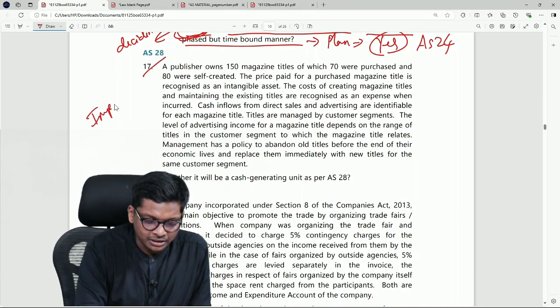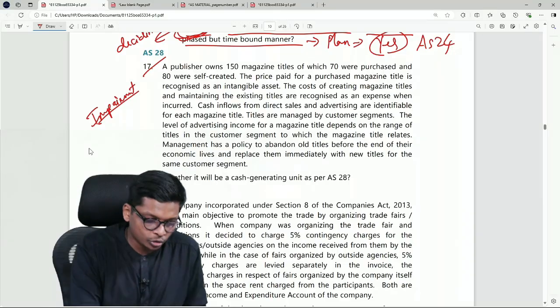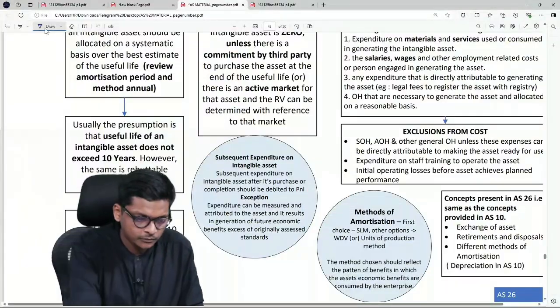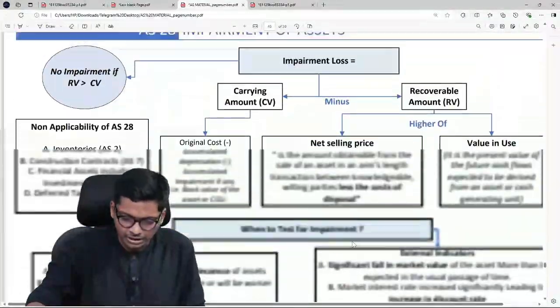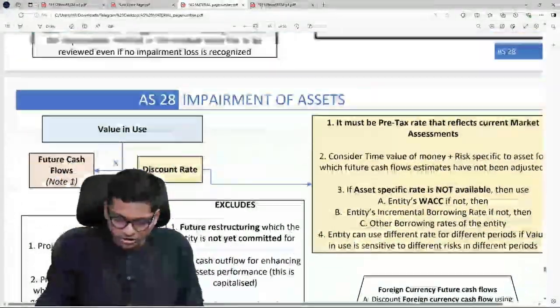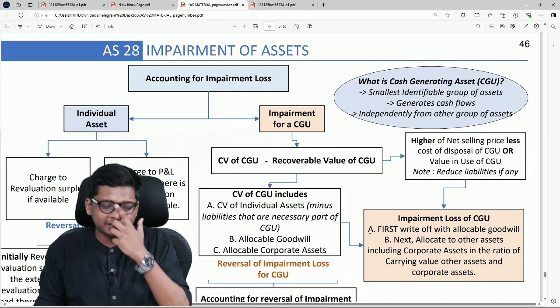AS28 talks about impairment. Impairment of assets, we have something called CGU and non-CGU. So, if I go to the notes of our AS28, impairment of assets, you have a concept called CGU, cash generating unit. That is what they are checking here.